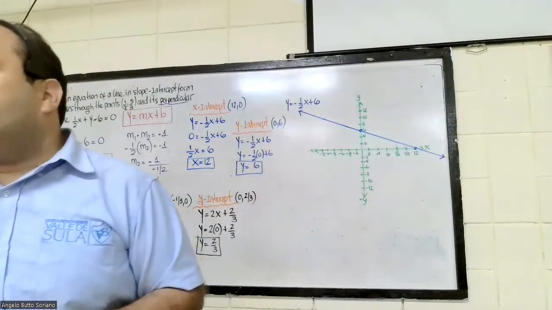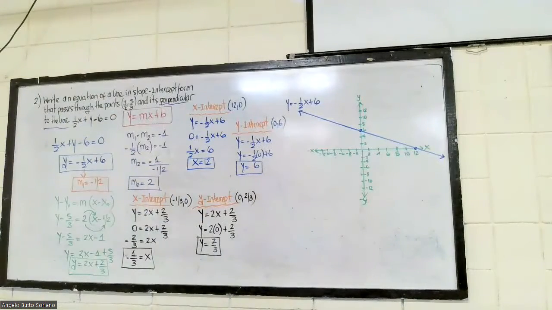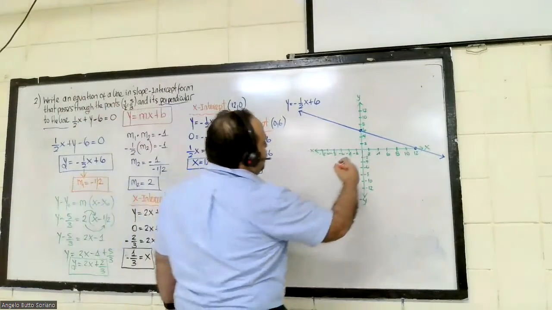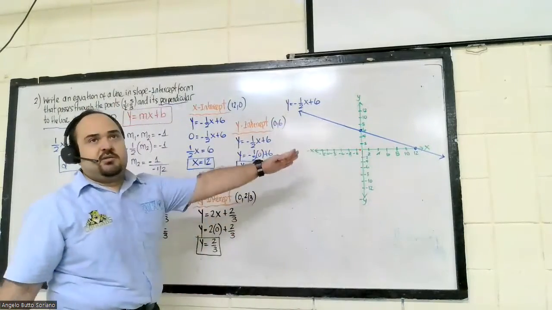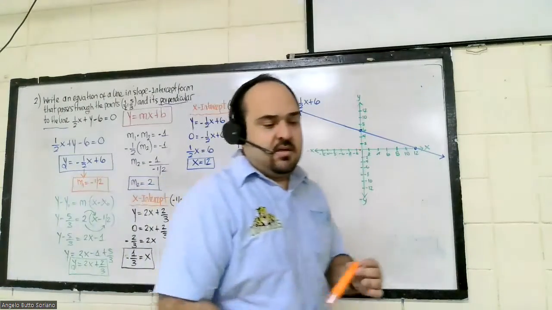Negative 1 divided by 3 gives 0.333 and so on, right? Well, let's approximate. Negative 0.3333. We can place this approximation over here.